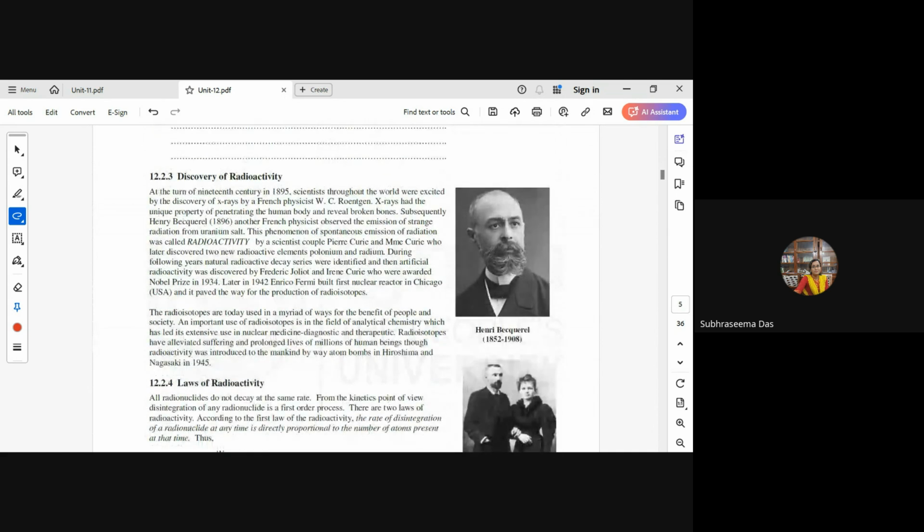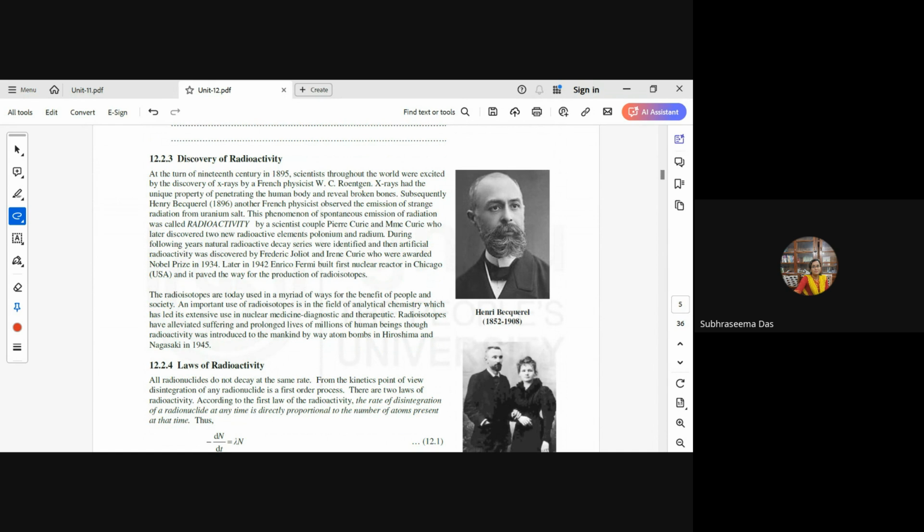Now coming to the discovery of radioactivity. It was first discovered by the scientist Henri Becquerel, from the emission of radiations from a uranium salt. This phenomenon of spontaneous emission of radiation was called radioactivity by Madame Curie, who later discovered two new radioactive elements, polonium and radium, and she was awarded the Nobel Prize twice for this discovery.